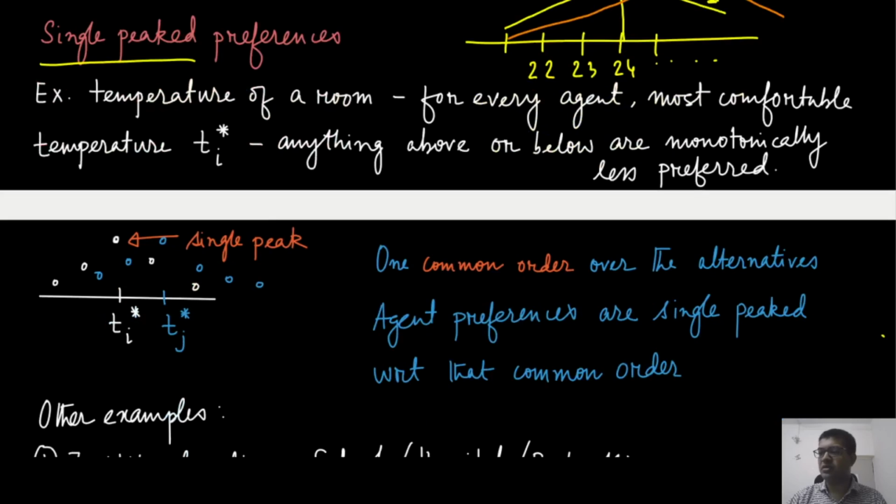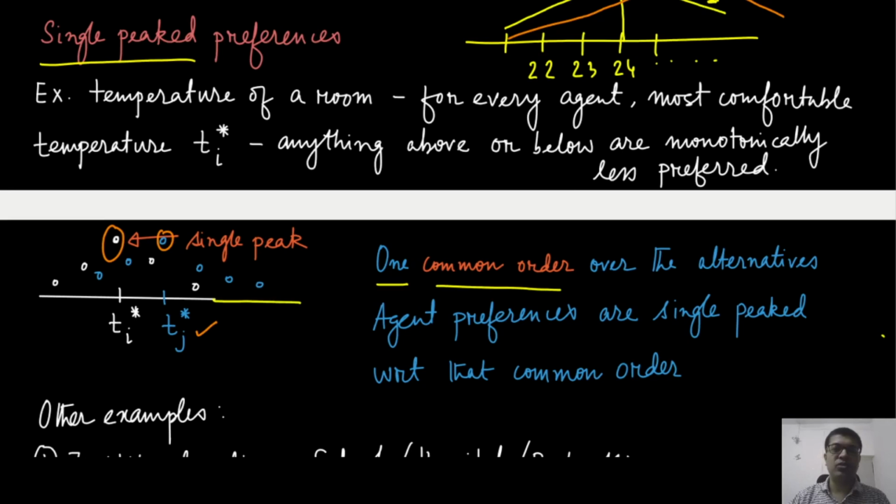So player j has a different peak, player i has a different peak, and these are the temperatures that they like the most. That is an example of how single peak preferences look. So what are the important parts here? There exists one common order, as we said, the natural order over these alternatives.